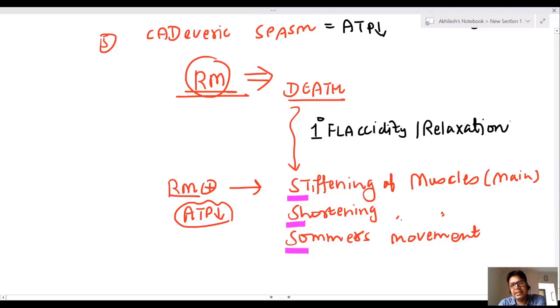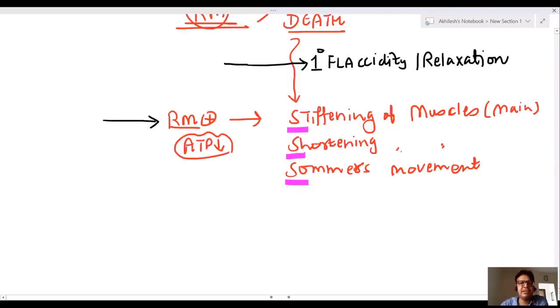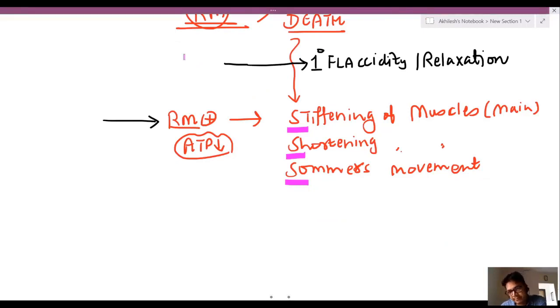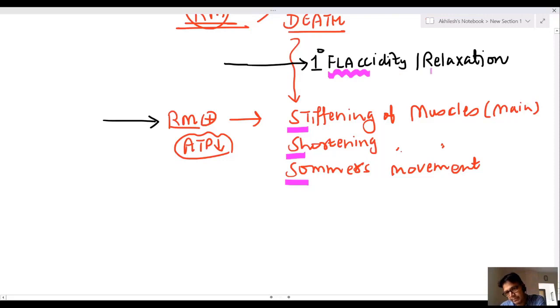Primary flaccidity means first the muscle is in this stage, then in the next stage. First the muscle is in the primary flaccidity or relaxation phase. This is the first phase. Second is rigor mortis.